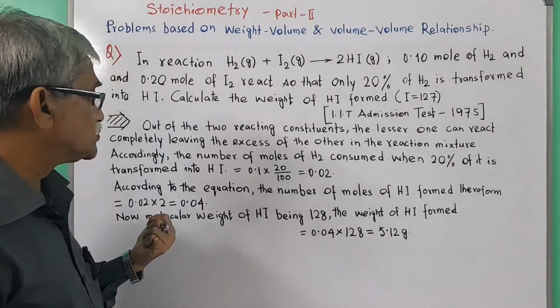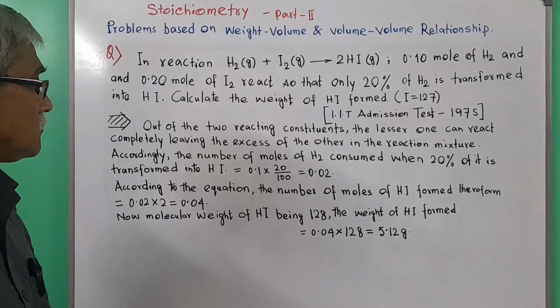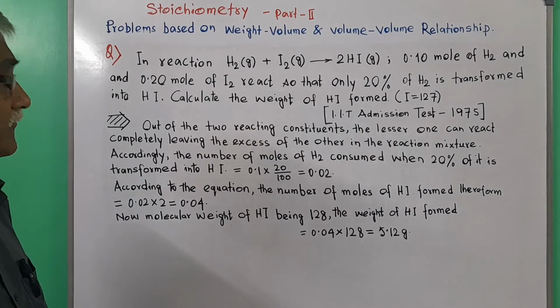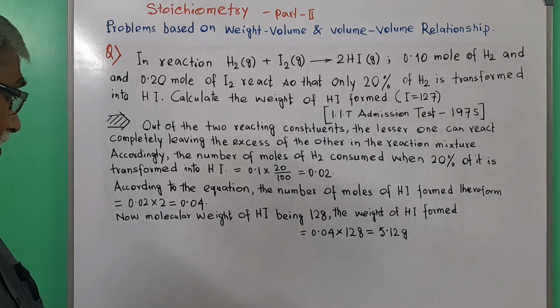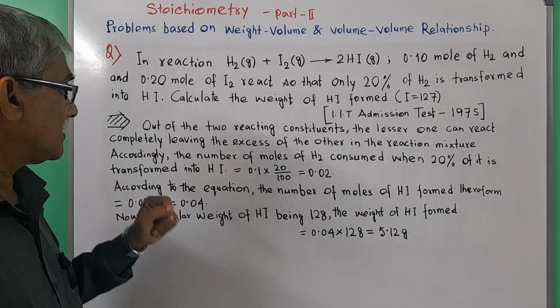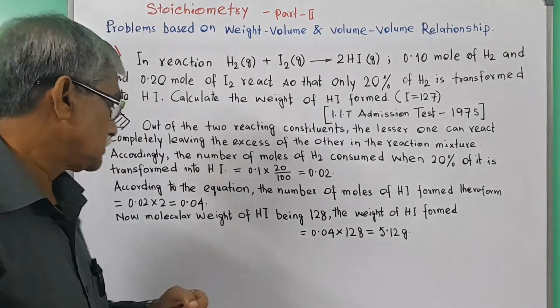Now, according to the equation, the number of moles of hydrogen iodide formed therefrom is equal to 0.02 into 2, and that equals 0.04.